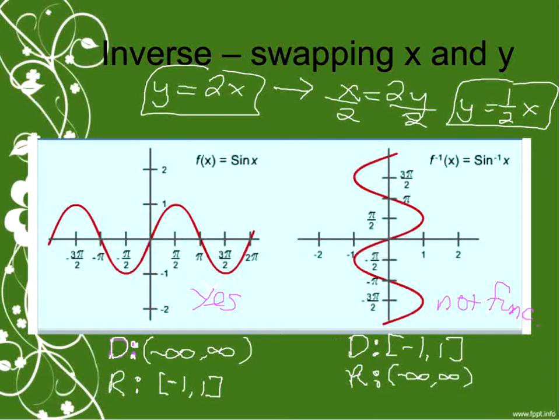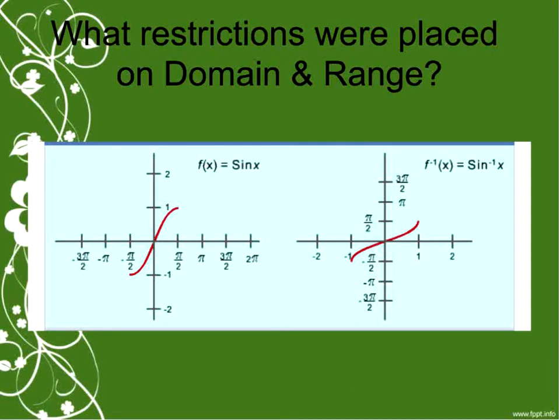So with that in mind, let's try this. This is a very small portion of our sine graph from the last page. Now why did they pick this specific portion? Because when I take the inverse, it is still going to be a function. Notice that this is just a little section of your original, and it's actually the perfect section that when you take the inverse, it is also still a function.